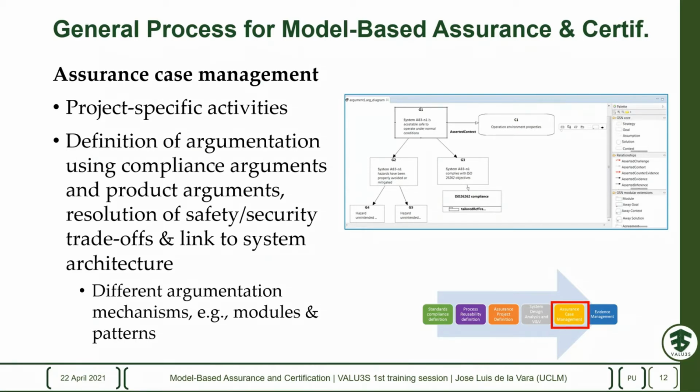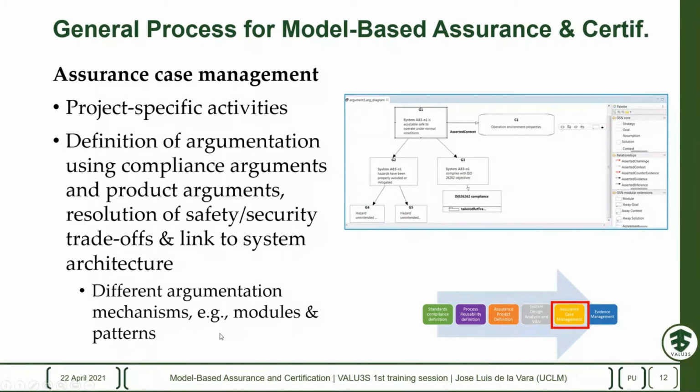We can also use this activity to analyze possible relationships between safety and security, to see if there are conflicts and if we can suitably fulfill both quality concerns. And we can also link the information from the system models, system architecture models, and assurance cases to justify the suitability of our design.